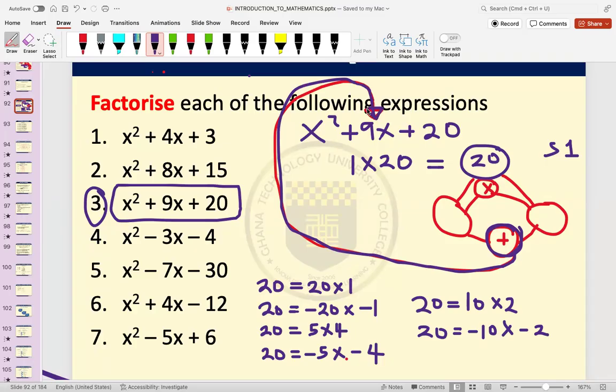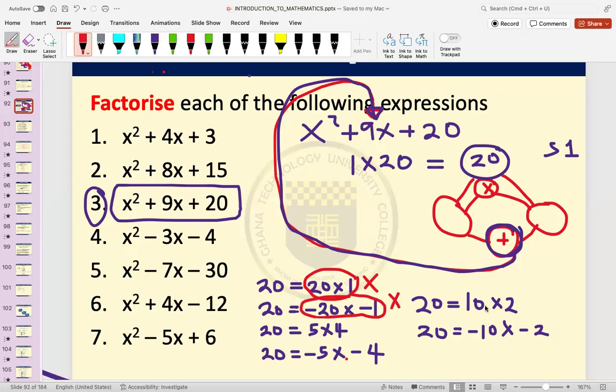So that's what you are going to use to eliminate the ones you need to eliminate. When you add 20 to 1, that becomes 21. 21 is not the same as 9. So we can't use this option. When you add negative 20 and negative 1, it will also not give you 9. So we can't use this option.